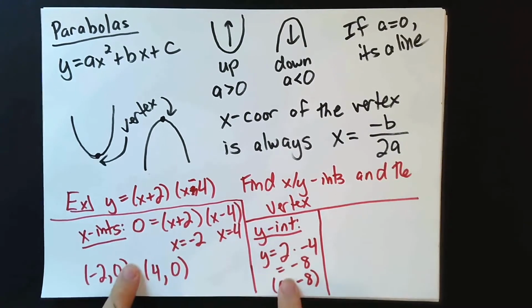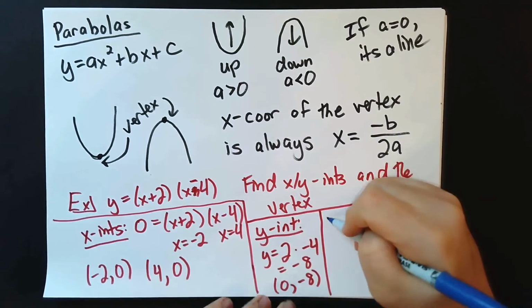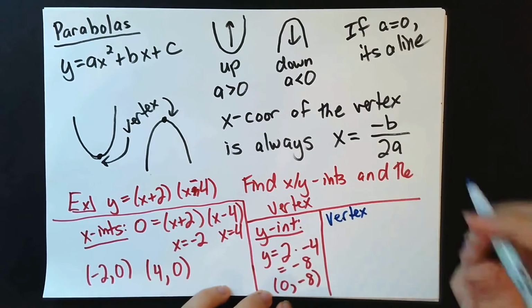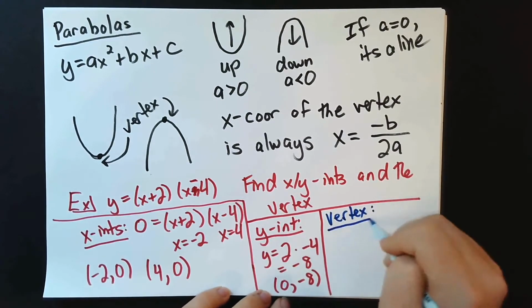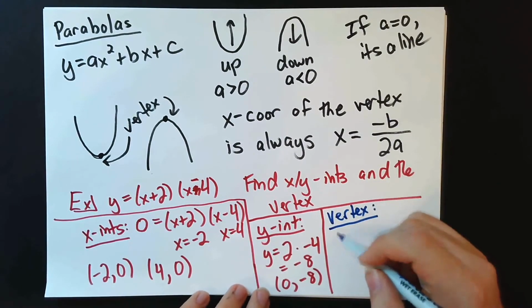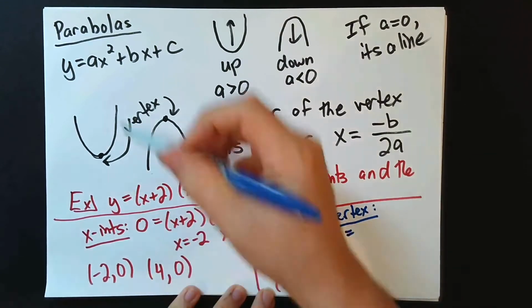Okay, and both of these are questions I could have asked you last section. But now the new part here is we can ask about the vertex. Namely, when I go to find the vertex, I need to actually write this out the way that I wrote it out up here.